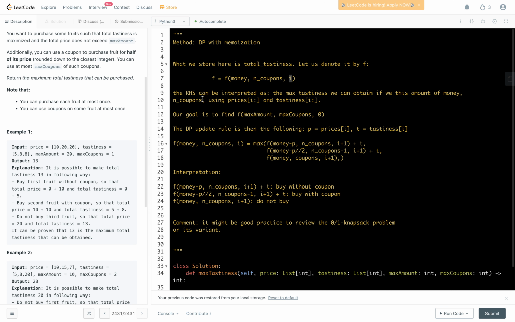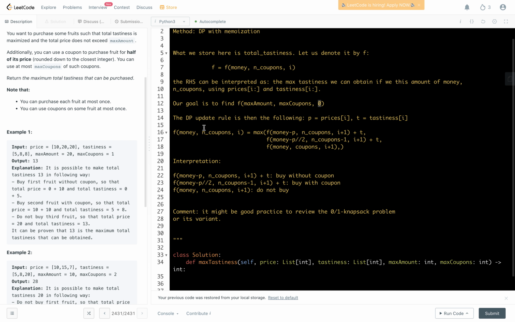So the right hand side can be interpreted as the maximum tastiness we can obtain if we use this amount of money and this number of coupons, using the fruits starting from index i and onwards. Our goal is to find f(max amount, max coupons, 0), using all the given fruits.